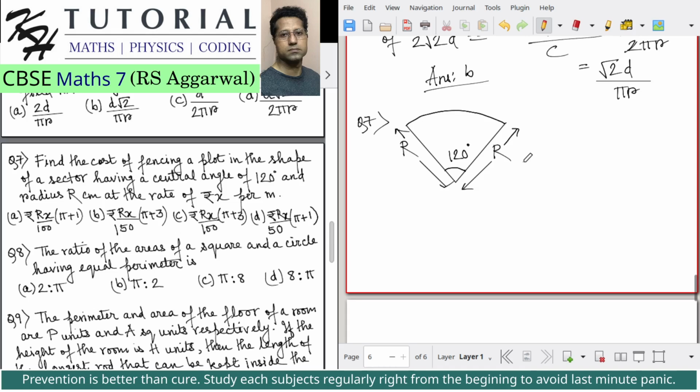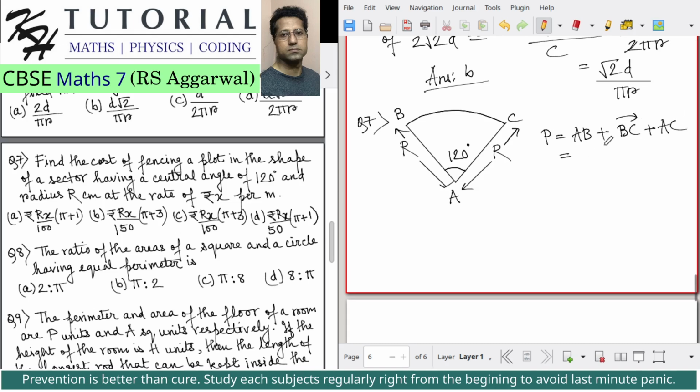Okay, so find the cost of fencing a plot in the shape of a sector. Now the fencing will be done along the perimeter of the sector. If I consider the sector to be ABC, then the perimeter of the sector will be equal to AB plus the arc BC plus AC.